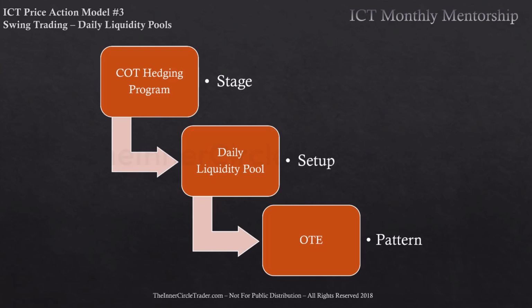Okay, if we have that stage and we have a daily liquidity pool on the daily chart, we're going to be looking at that as our setup, and our entry pattern to trade this model is going to be the optimal trade entry.